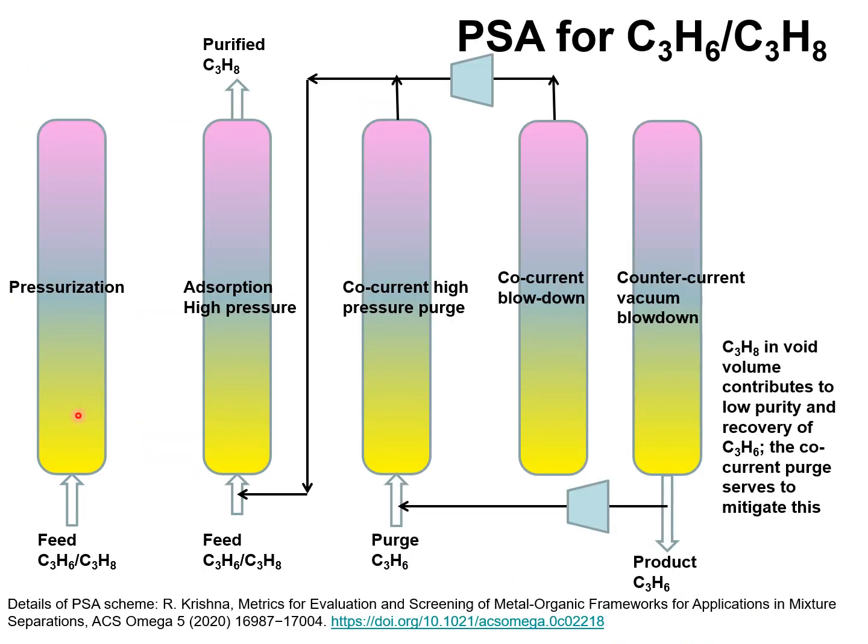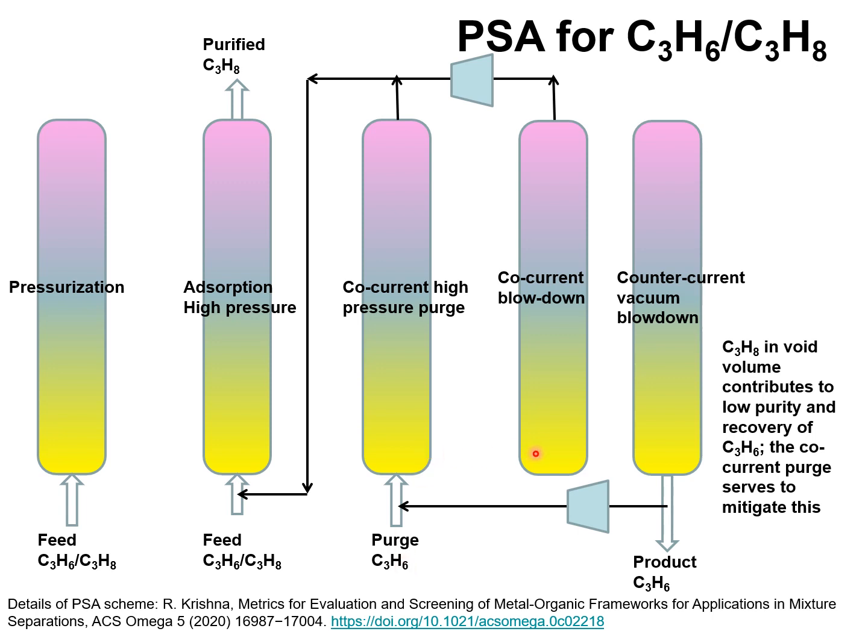In order to increase the purity of the recovered propylene, we need to employ a 5-step PSA separation scheme shown in this slide. This scheme consists of pressurization, adsorption at high pressure, followed by co-current high pressure purge, and the purge is with the product propylene.